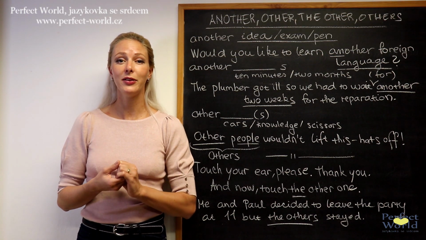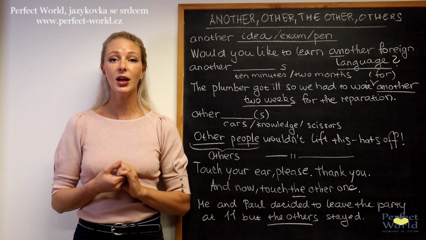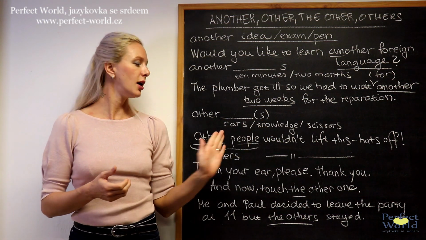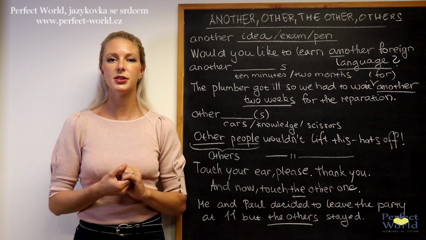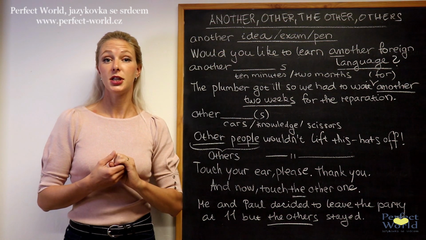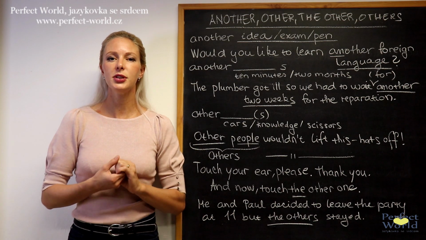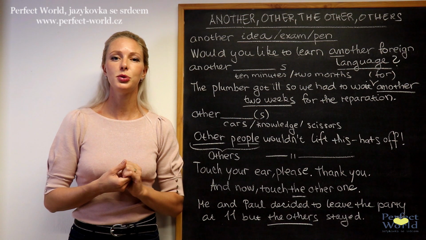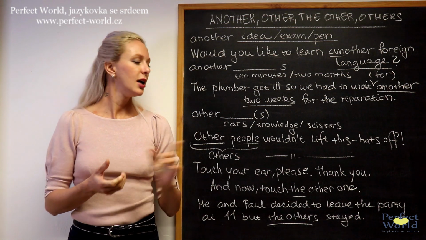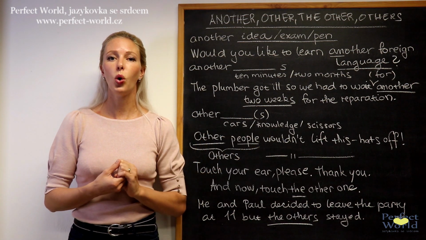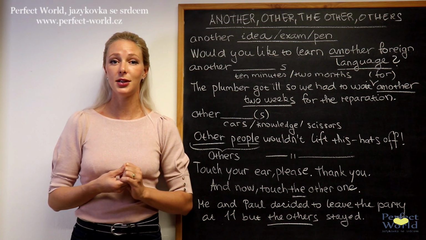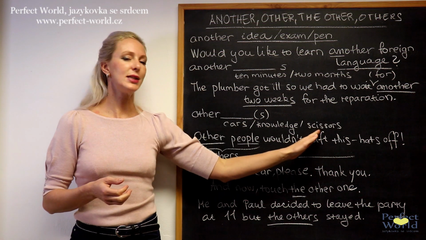The next one I would like to tell you about is other. Other, on the other hand, is used with plural words like other cars. So we just omit the article an and we just use other. It can as well be used with an uncountable word like other knowledge, or with an always plural word which is never used in singular, like other scissors.